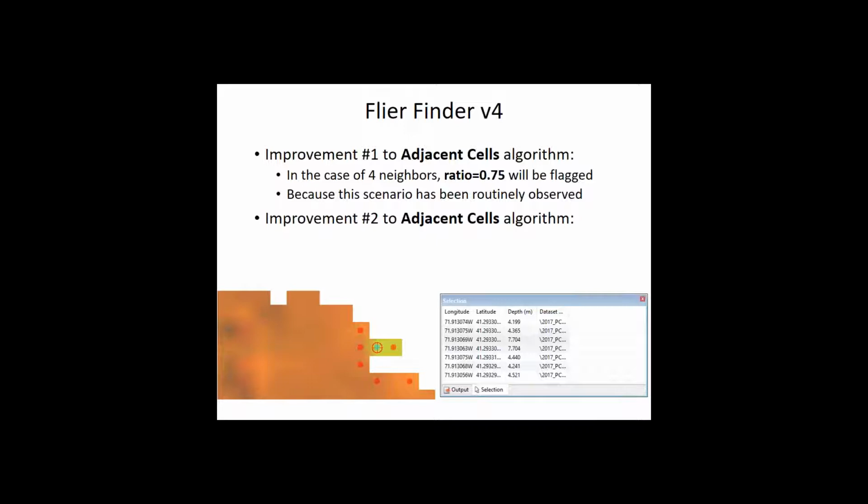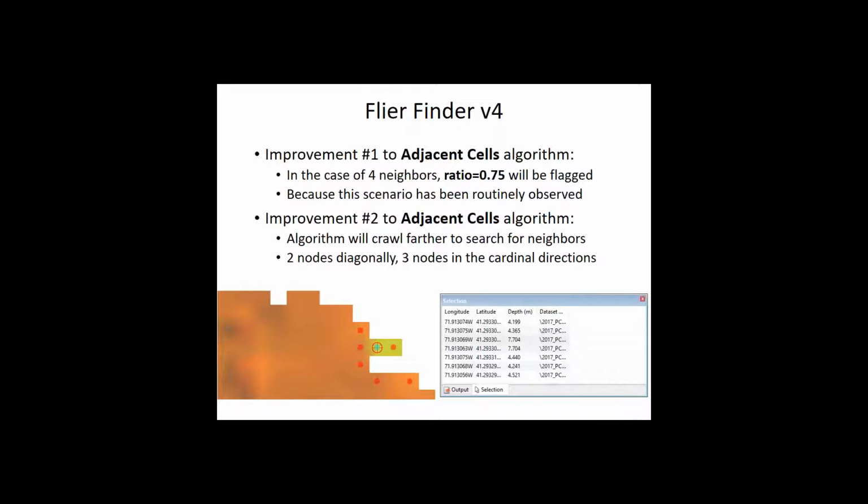Another thing we've added is because so often these flyers occur on grid edges or places where there's data gaps, we crawl a bit farther now to search for neighbors. Previously, the node that you see highlighted there would only have 4 neighbors, but now we crawl over those gaps, 2 nodes diagonally and 3 nodes in the cardinal directions.